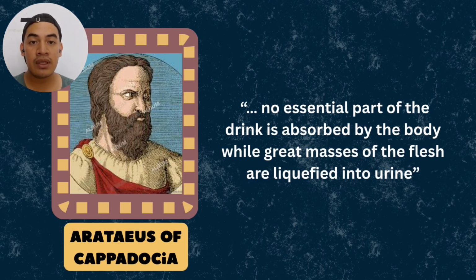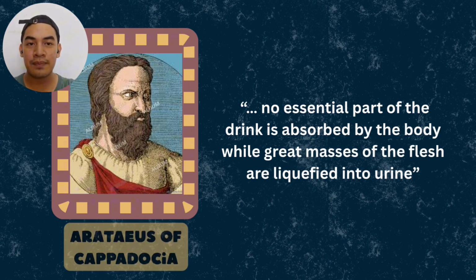He describes dramatically that no essential part of the drink is absorbed by the body while great masses of the flesh are liquefied into urine, which also talks about the excess urination symptom of diabetes. Thanks to Aretaeus of Cappadocia and modern day applications, we now know what the condition is in depth, and thus it talks about type 2 diabetes mellitus.